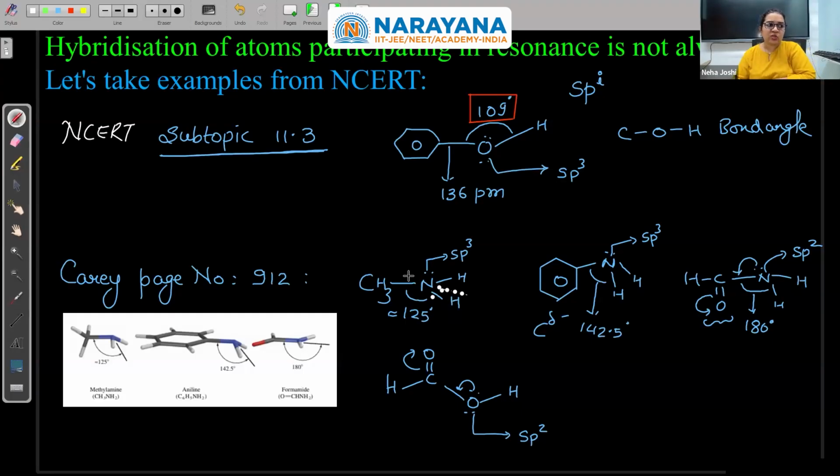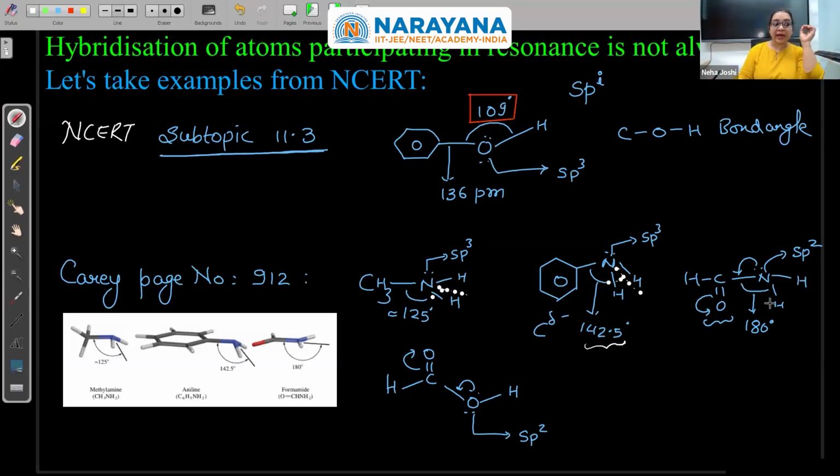So you will say that here there is no resonance, fine. But by the same logic, if you come here, this angle is also 142.5, not 180. If it was 180, you could have said that this nitrogen is sp2, and the author clearly mentions that the nitrogen of aniline is sp3.